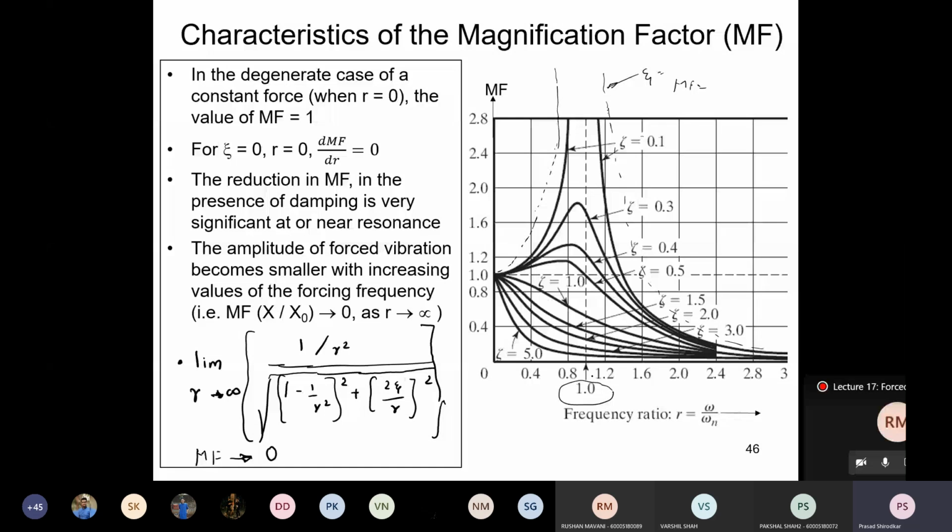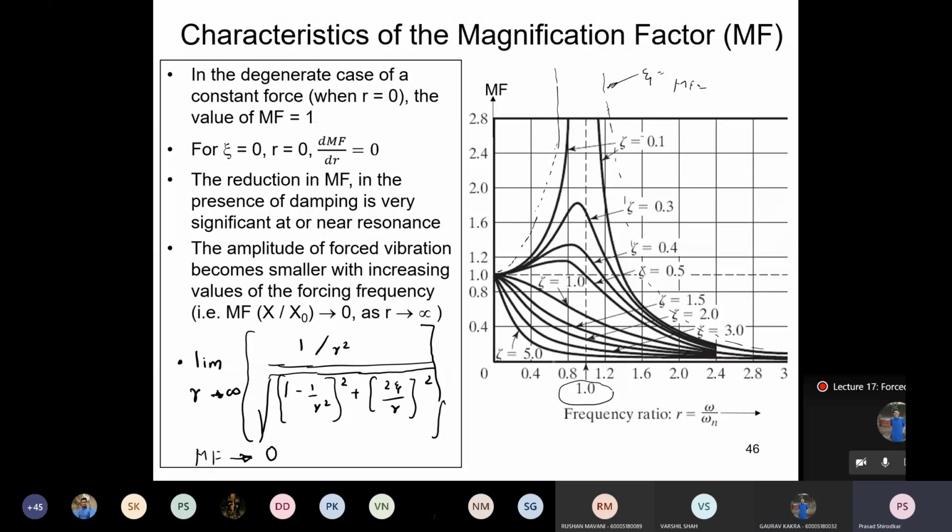Sir, at zeta equal to 0.3, when the magnification factor is at its maximum, then the derivative of the magnification factor with respect to frequency ratio would also be zero, right? Yes, right. That part we have not discussed, but we are going to discuss it in the next step.